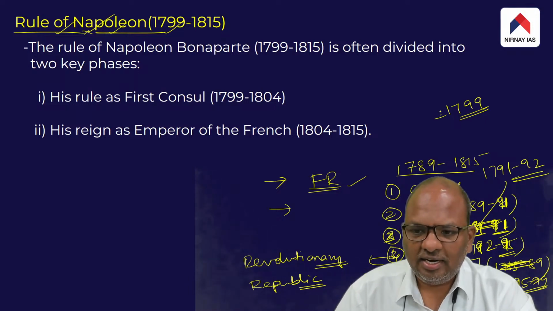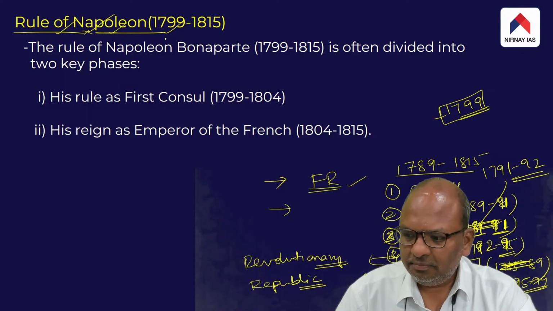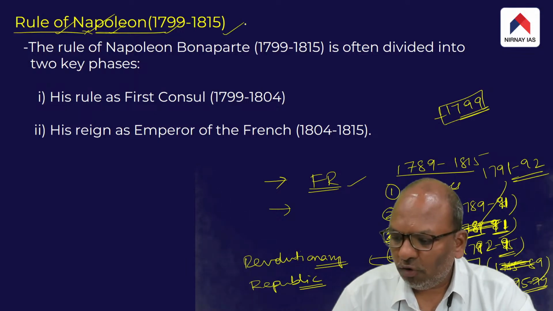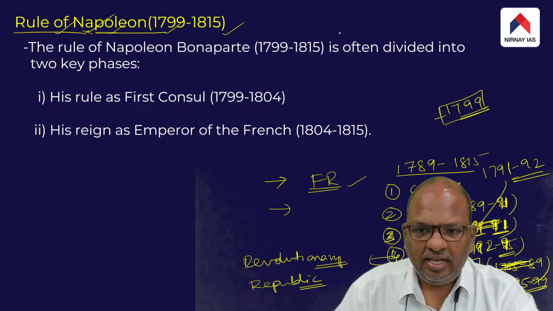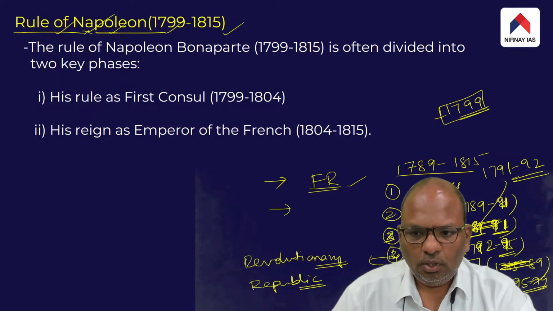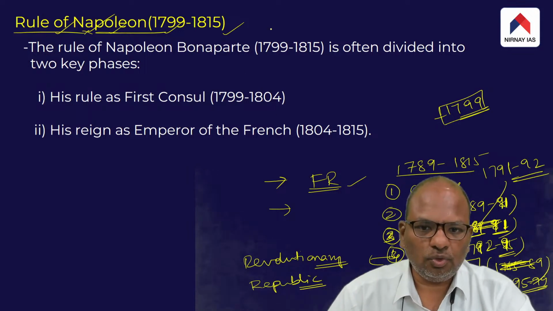In 1799, a coup was organized by Napoleon with the support of the director Abbasius. This is what we discussed in our previous class. In that coup, the Directory was overthrown and Napoleon began his rule.